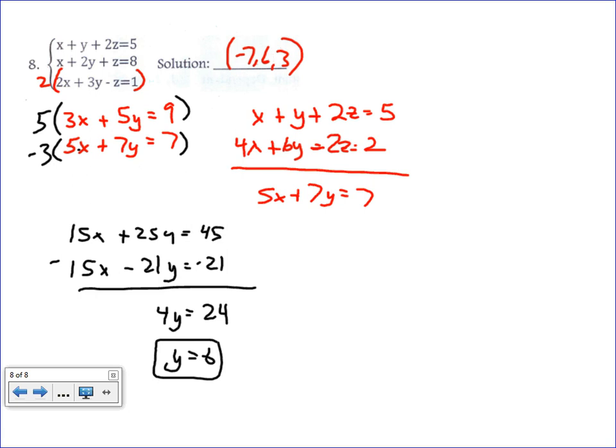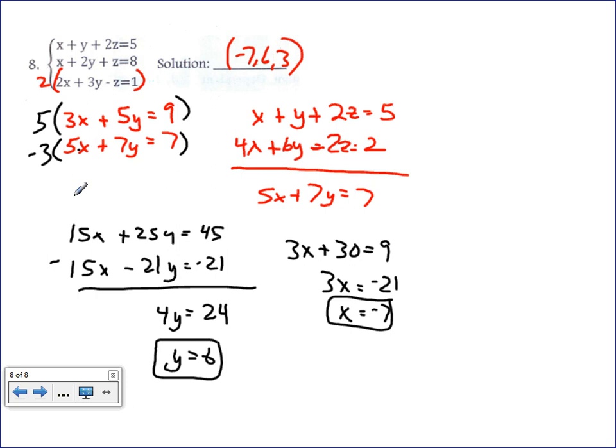So at least I've shown you that you need to be able to make sure you don't make any mistakes as you go through. So now I'm going to take y and plug it in 6. So 3x plus 6 times 5 is 30. That's equal to 9. So 3x equals -21. So now x is -7.